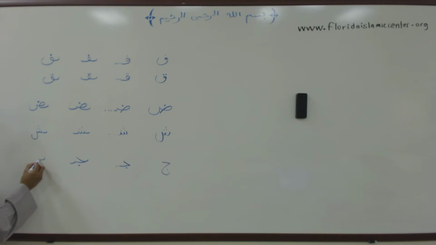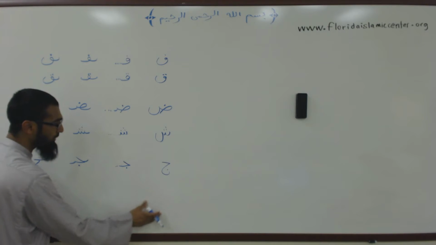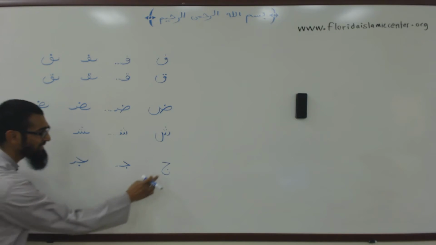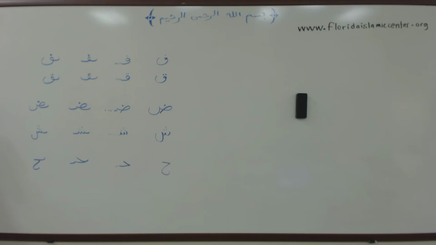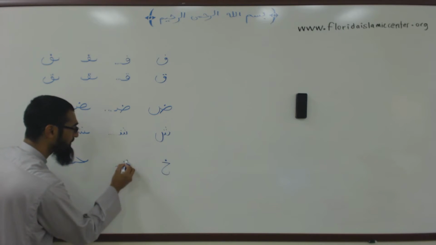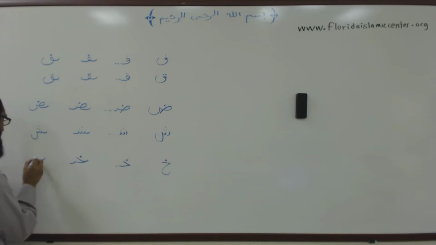And in the end, here goes the jim. If it was a ha, what would you do? Exact same thing. You just take the dots off. No dots. All right. And if it was a kha, the dot goes on the top. Okay. So that's jim, ha, and kha.